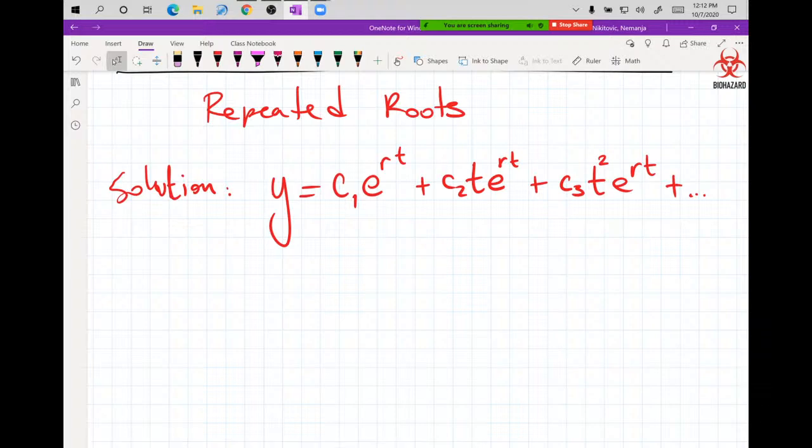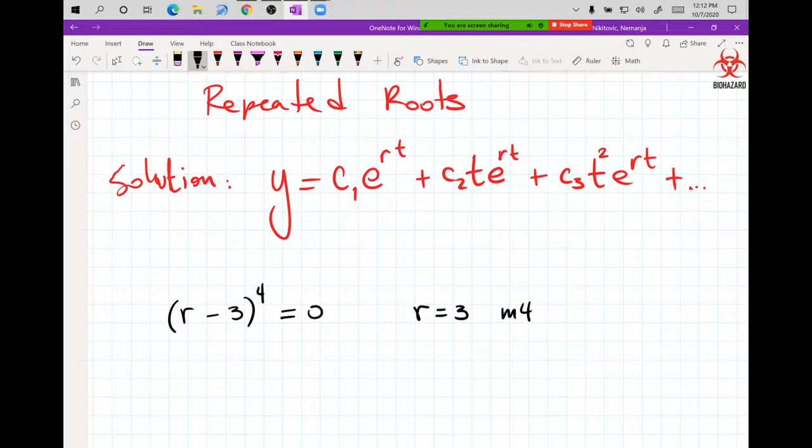And earlier, I had that example with the cubic. But you can literally have anything else. So if my equation worked out eventually to be r minus 3, let's say, to the fourth power equals 0, then r equals 3 with multiplicity 4.